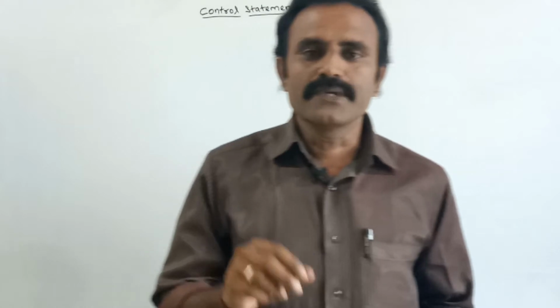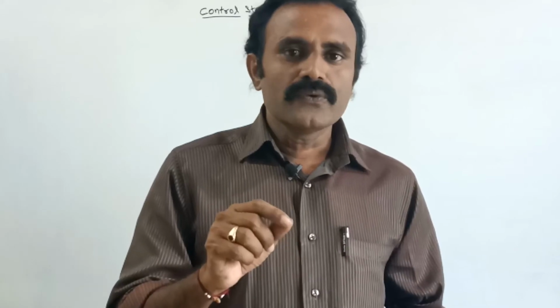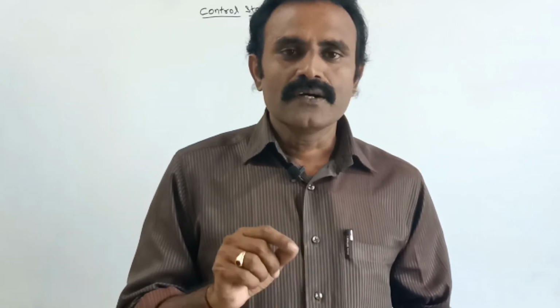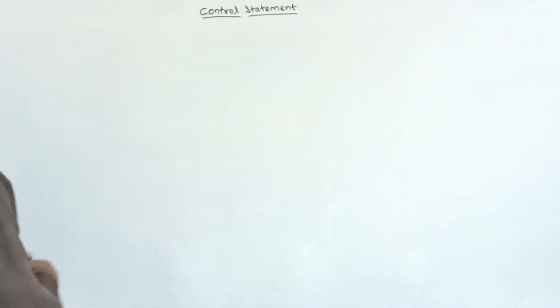See one simple example. Now I am going to write a program. In that program I am going to give a single letter as input from the keyboard. Now I want to check whether the given letter is a vowel or not. So this is the program.